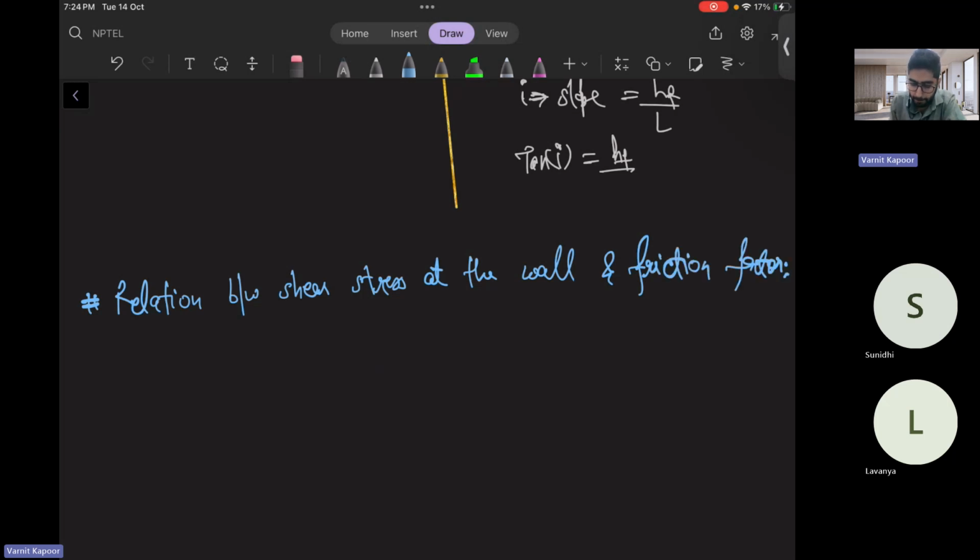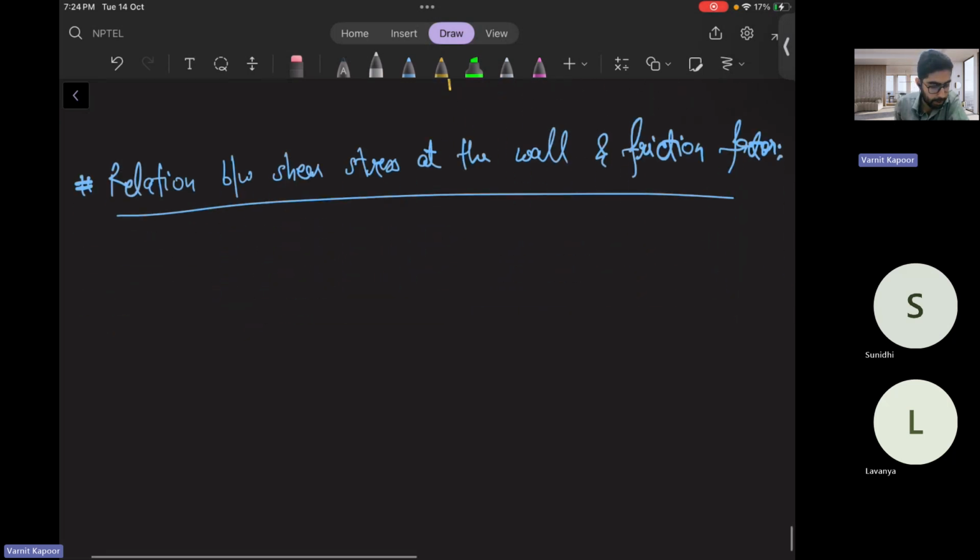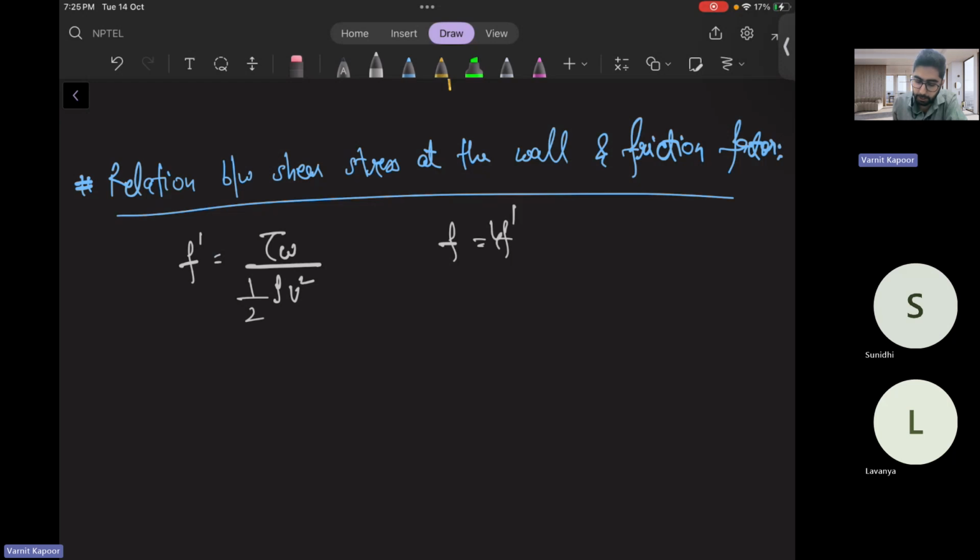The friction factor, that was F. So we know that friction coefficient is nothing but tau W by half rho V square, and friction factor F is 4 times the friction coefficient. So that is 4 times tau W by half rho V square. Therefore, from here, what will be your wall stress?